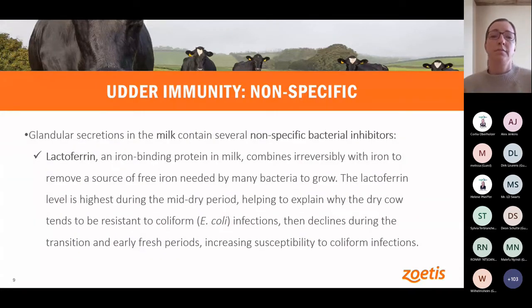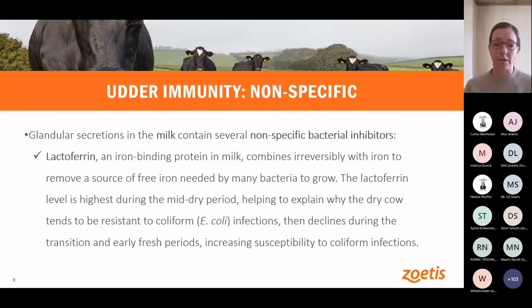Okay, so moving over into the non-specific part of the udder immunity. The milk itself contains non-specific bacterial inhibitors, right? One of those is lactoferrin. This is an iron binding protein, and bacteria need free iron to actually grow. So what lactoferrin does is it binds the iron, making it less available to the bacteria, and the bacteria cannot use that free iron anymore.